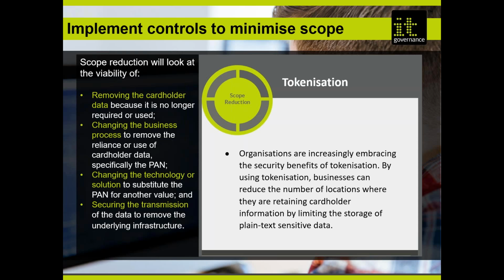Another method of reducing scope is to replace the cardholder data with a token. Organizations are increasingly embracing the security benefits of tokenization, and by using tokenization you can reduce the number of locations where they're retaining cardholder data by limiting the storage of plain text sensitive data, because the token isn't cardholder data.